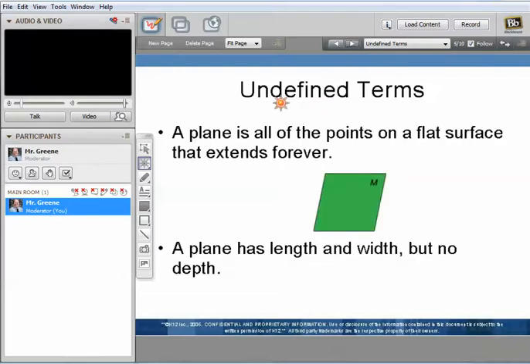So the next term we're going to talk about is a plane. And a plane is not that thing flying up in the sky overhead right at the moment. A plane is all of the points on a flat surface that extend forever in two directions. Okay? It has length and it has width, but it doesn't have any depth. So it's like a piece of paper.